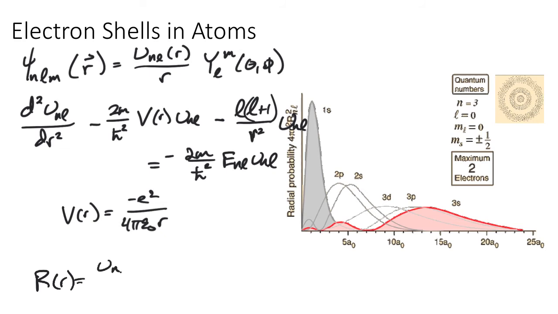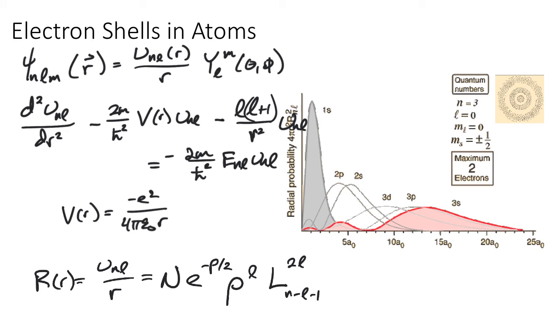so that when we write this again in terms of R, which again is u_nl over r, we get a normalization factor, e to the minus rho over 2, rho to the l, and then these associated Laguerre polynomials given by certain numbers that depend on what L is.